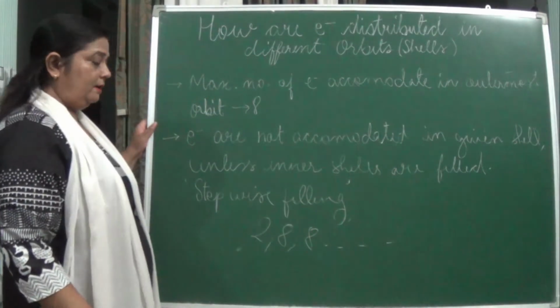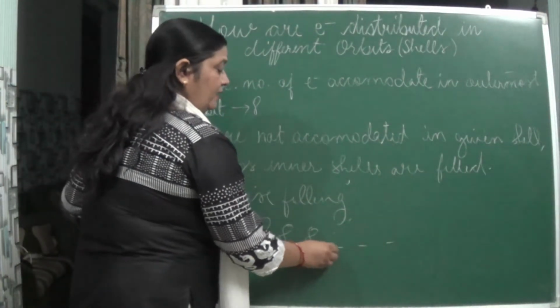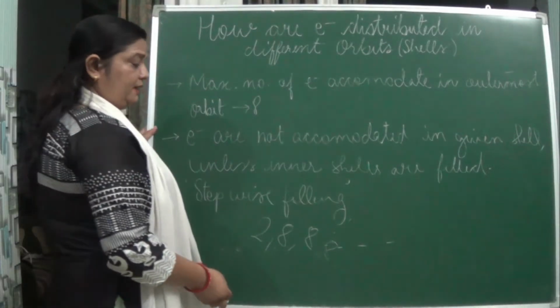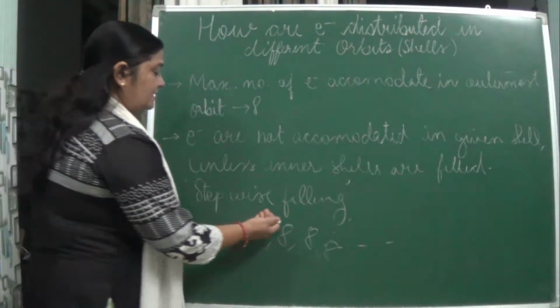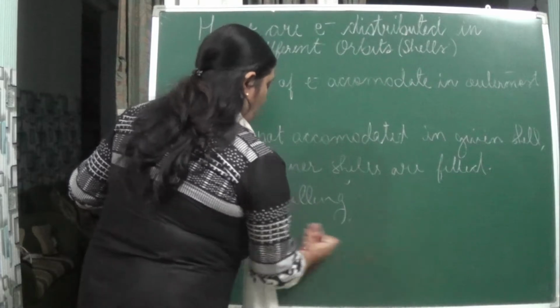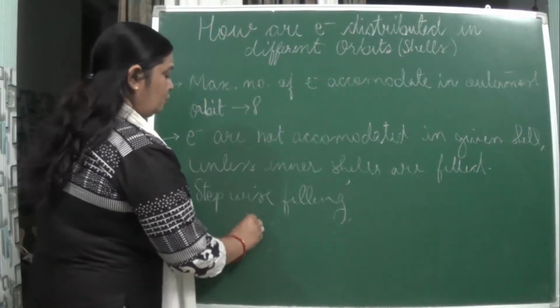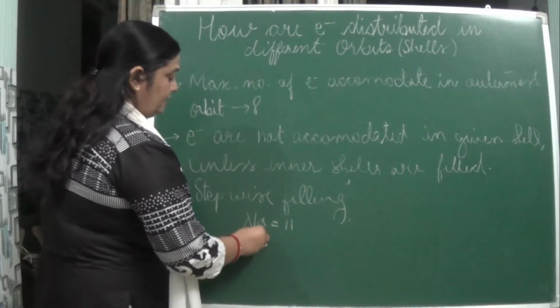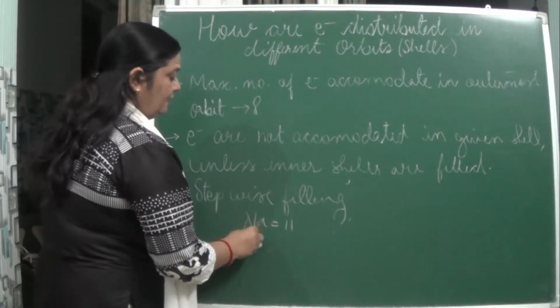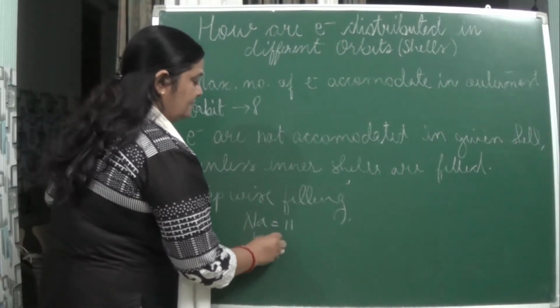Again it will be 8; it depends on how many electrons are there. For example, sodium consists of 11 electrons, and potassium has 19.